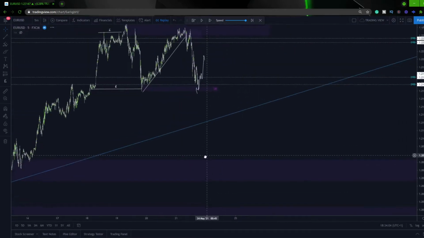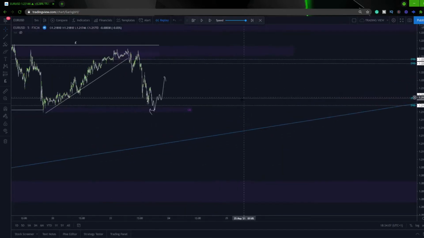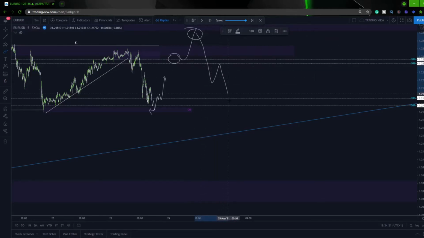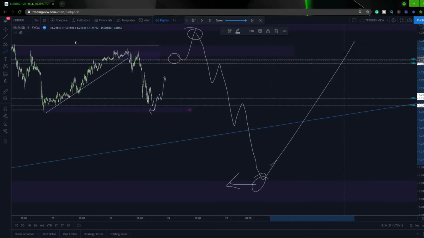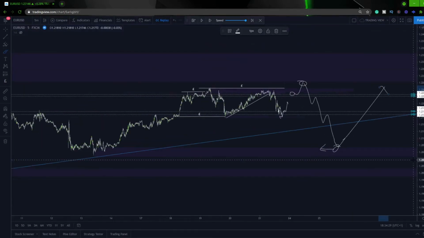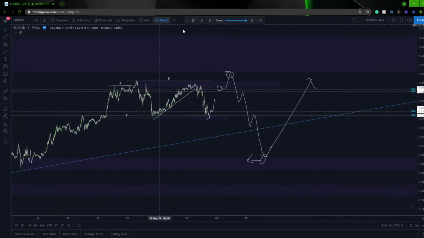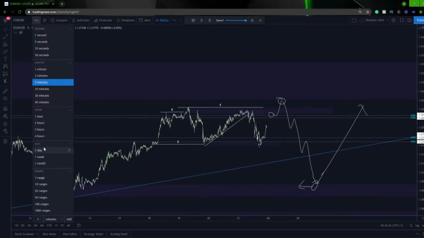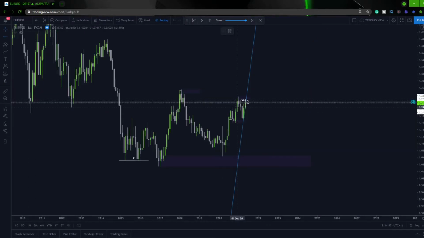Bearing in mind that we're on a 5-minute time frame, price could quite easily come up, fill this imbalance, hit this order block if it hasn't already been mitigated, or blow past and hit this higher time frame order block before coming down, liquidating this trend line and hitting into here, before we see the higher prices to our monthly areas, which are here and here.